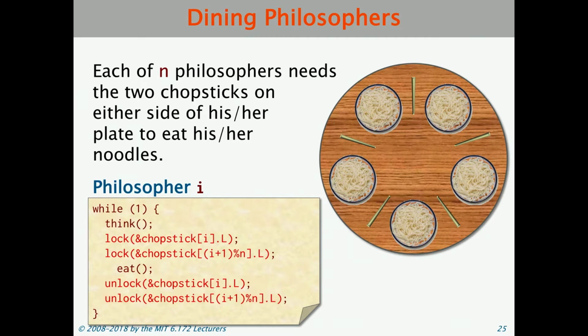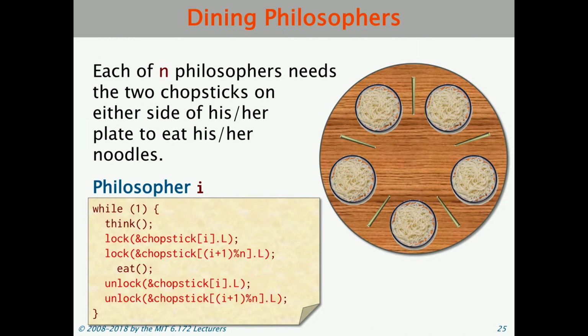Then eats, and then unlocks the 2 chopsticks, and now they can be used by the other dining philosophers, because they don't think much about sanitation and so forth, right? They're too busy thinking, right?